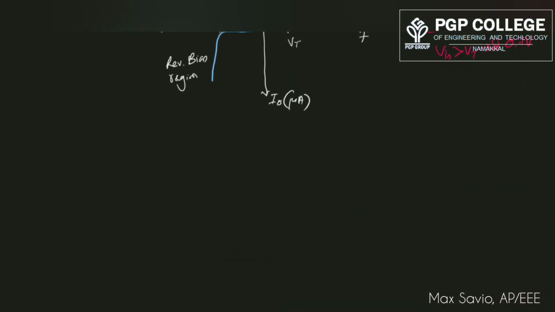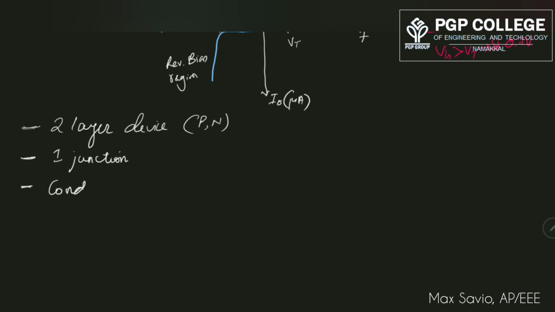So as far as the PN junction diode is concerned, there are some points to remember. Your PN junction diode is a two-layer device, one a P type and the other an N type layer, and the two layers form one junction. So it is a two-layer, one-junction device, and it conducts only in one direction, that is, unidirectional.